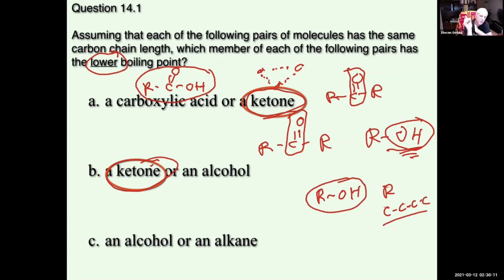So which one's going to have the lower boiling point? Alkane, perfect, because there's not as much holding it together. You got it. So we can tell a lot of physical properties and predict a lot of behaviors by the functional groups that are attached to the hydrocarbon chain.